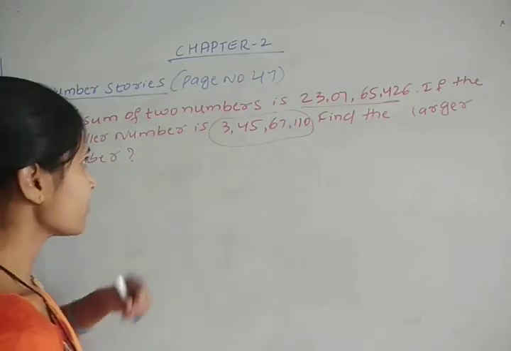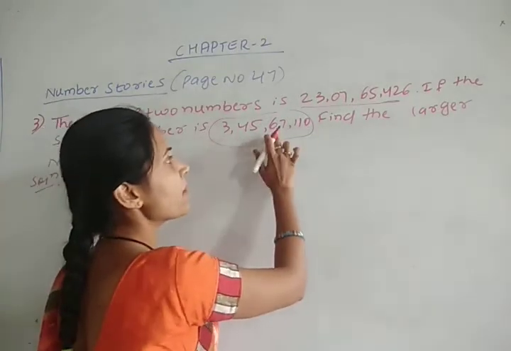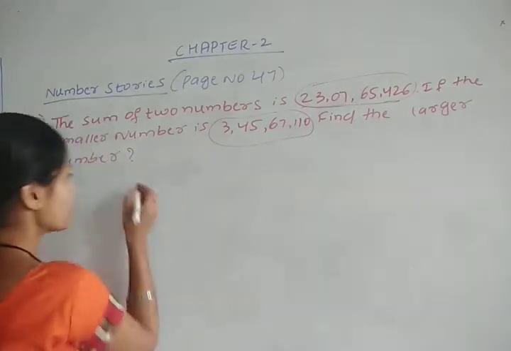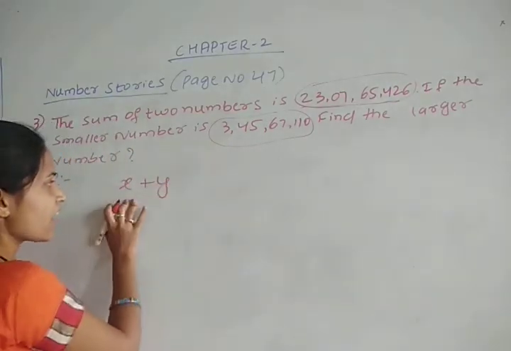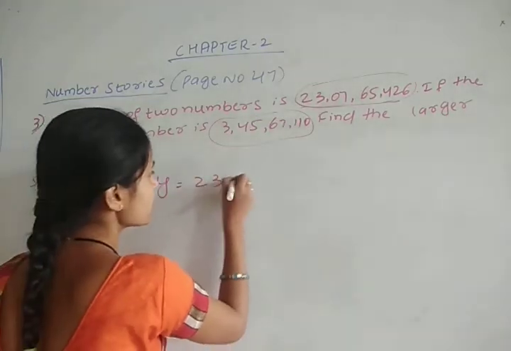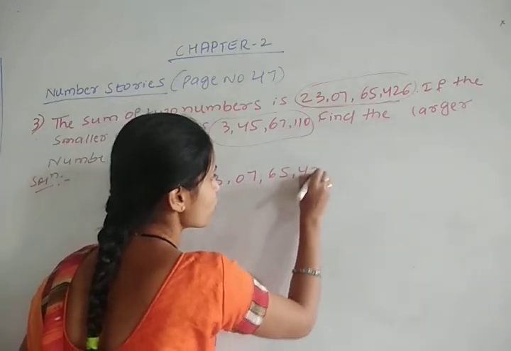So for this, we shall subtract this number from the sum of the two numbers. For example, let us say I have two numbers x and y. Here I have the sum of these two numbers as given, that is 23 crore 7 lakh 65,426.